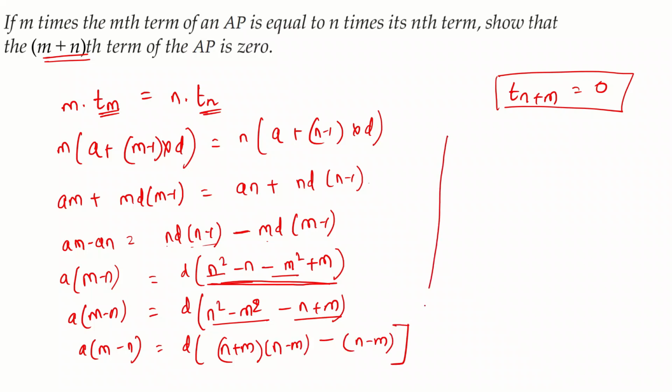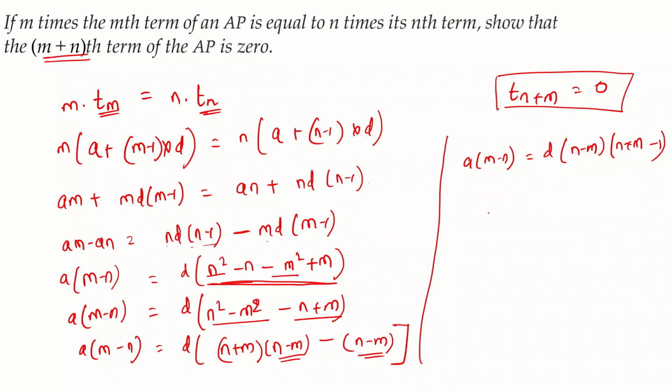So what I get is a times m minus n is equal to d times, I can take n minus 1 fully common inside it, so I get n minus m, and then I get n plus m plus 1, n plus m plus minus 1.